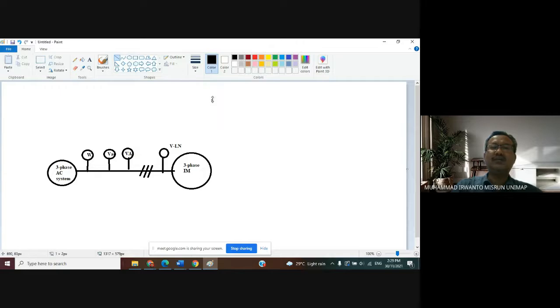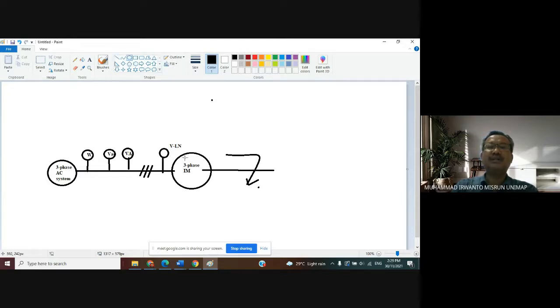Okay, and then when it is complete like that, the motor will move. The motor moves and produces speed.